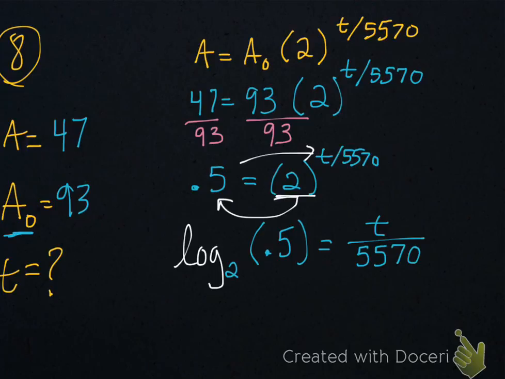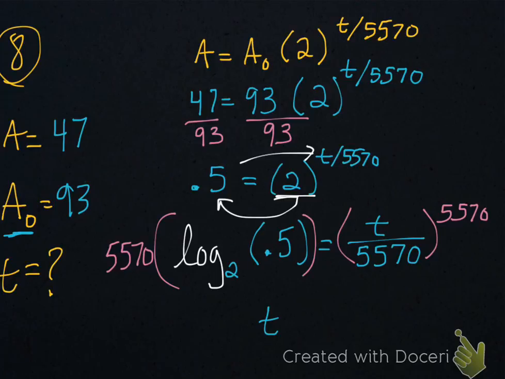Now to get rid of that 5,570, yeah, we're going to multiply by that number on both sides. So we could plug it in, 5570 parentheses log base 2 of 0.5. And the funny part is we get t equals 5570 years.